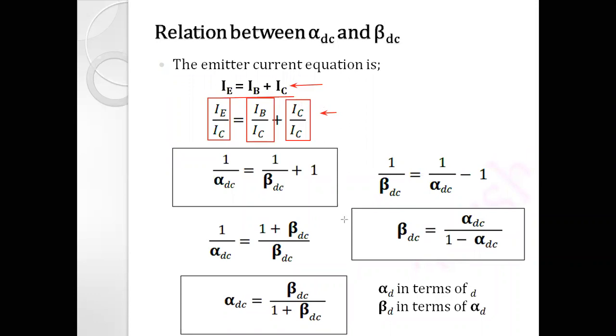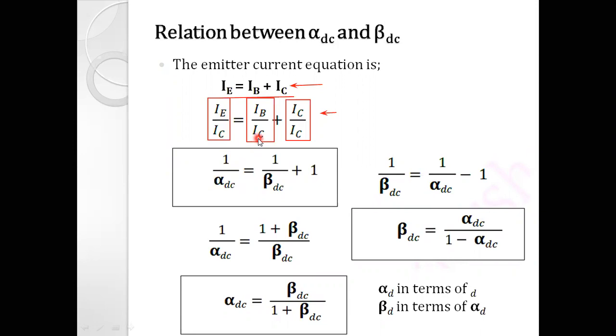But from the definitions of alpha and beta, we can convert the second equation into this one. We understood that IC divided by IE is alpha DC, so we can substitute alpha DC in the denominator on the left hand side.